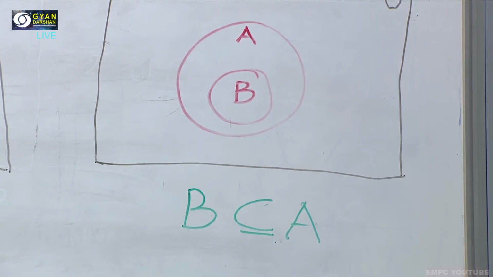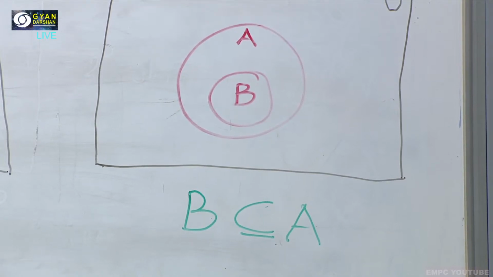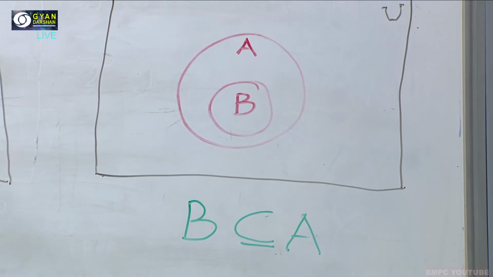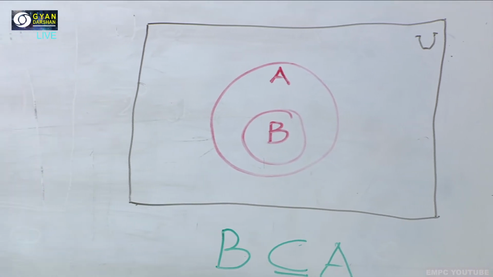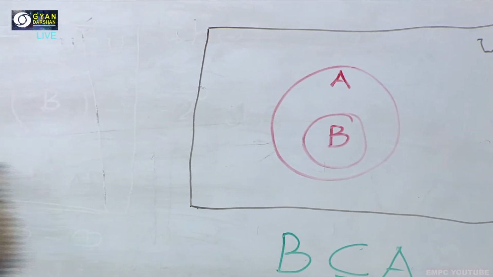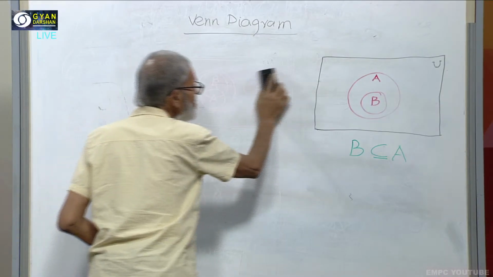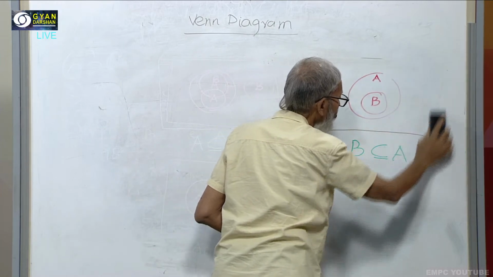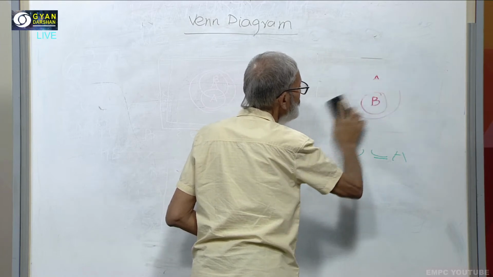Now, there are some set operations. Friends, you will find that with this Venn diagram, representing set operations and then solving problems becomes very much easy.